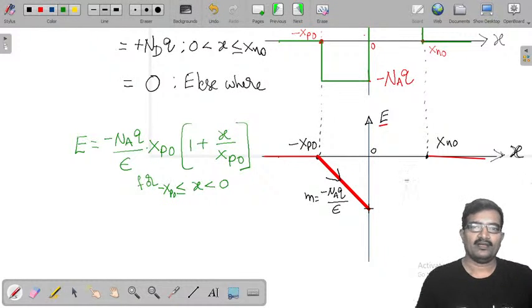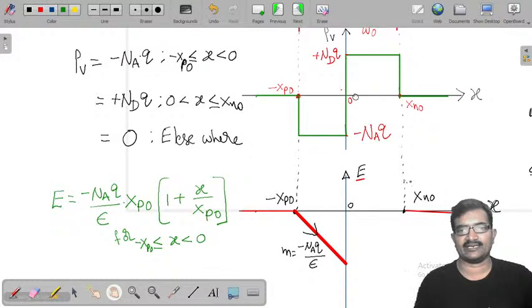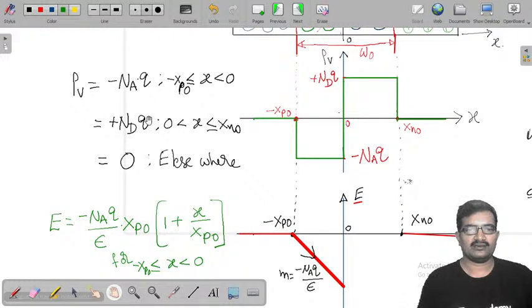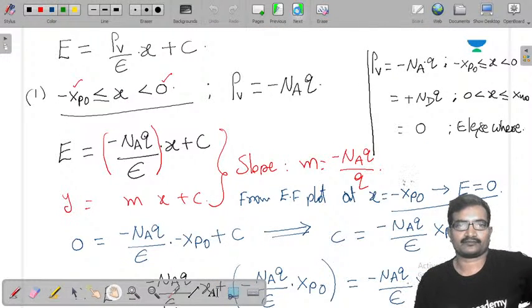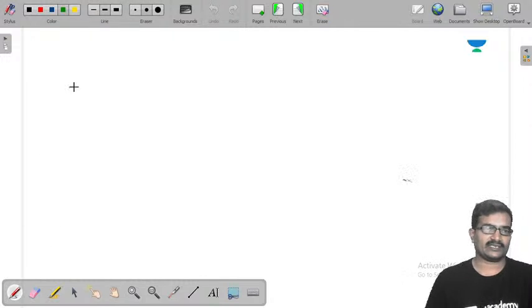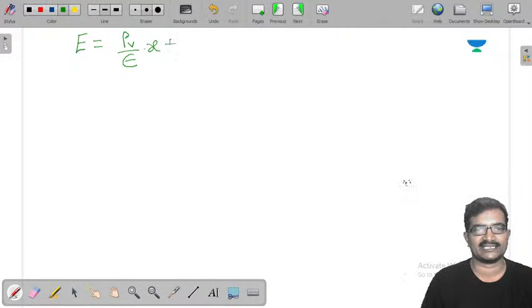Clear? Now the next region, 0 to xn naught. You observed that in 0 to xn naught, your rho v value is nd into q. Our standard equation for electric field is rho v by epsilon into x plus c.